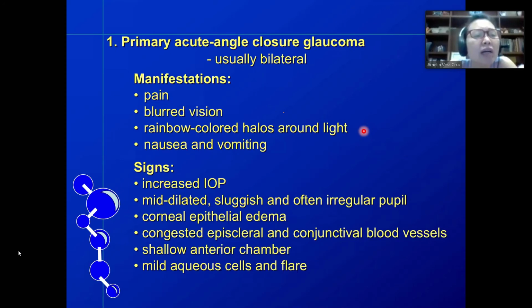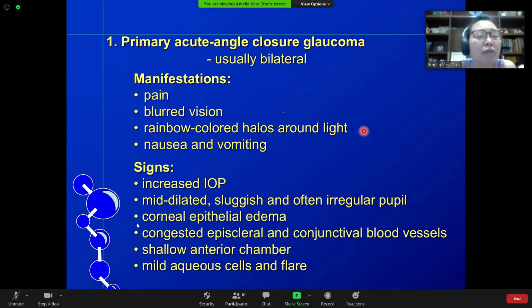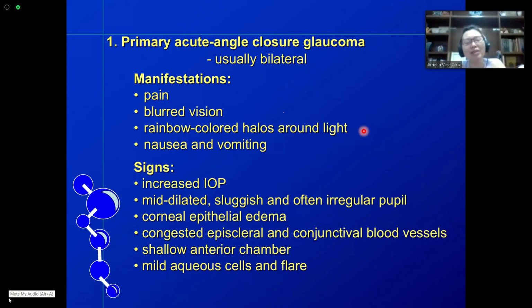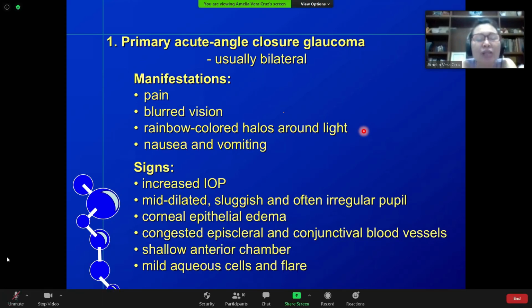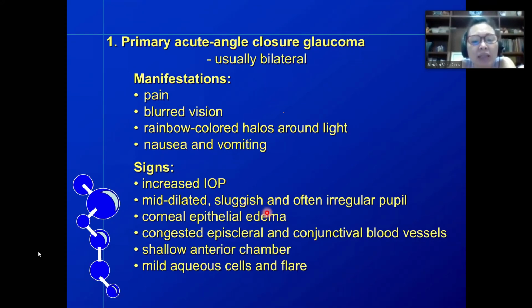So instead na makintab yung cornea mo, para siyang dull. Para bang the fish, if it is not fresh, namumuti ang mata ng fish. Okay. So of course, the signs of increased IOP: your mid-dilated, sluggish, and often irregular pupil.